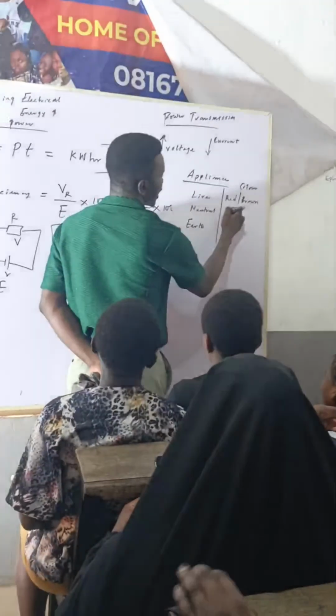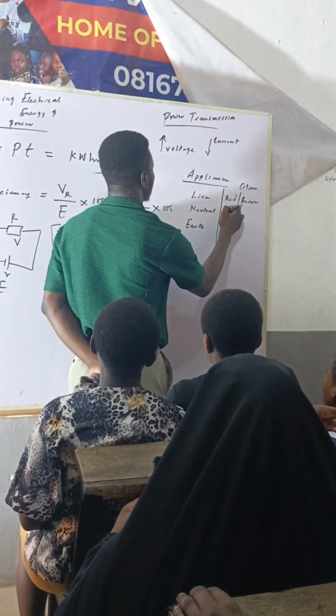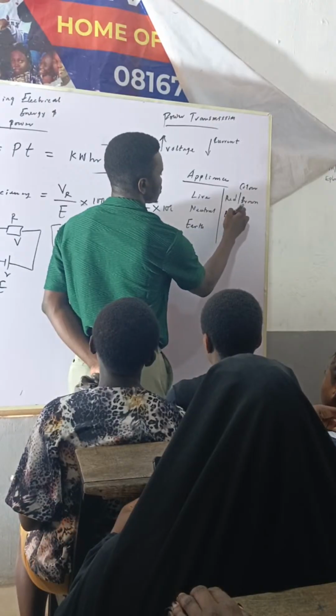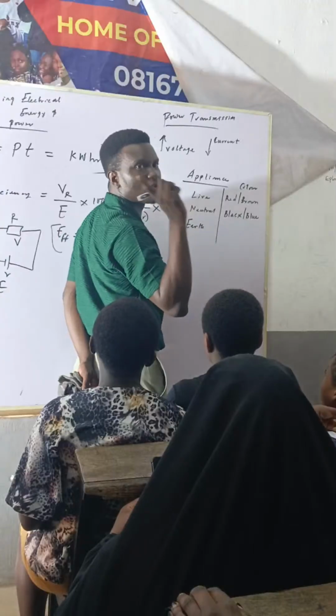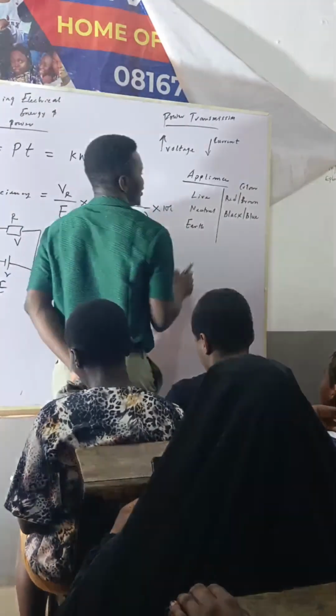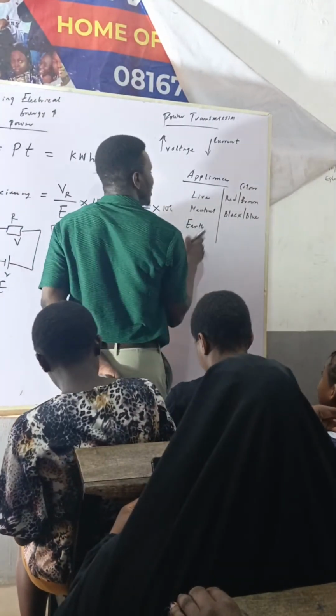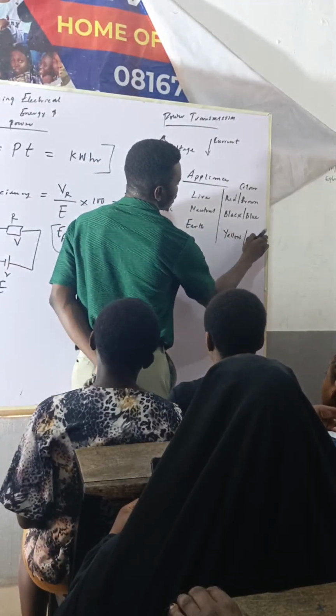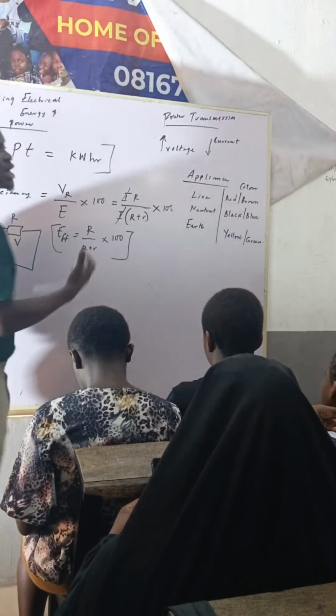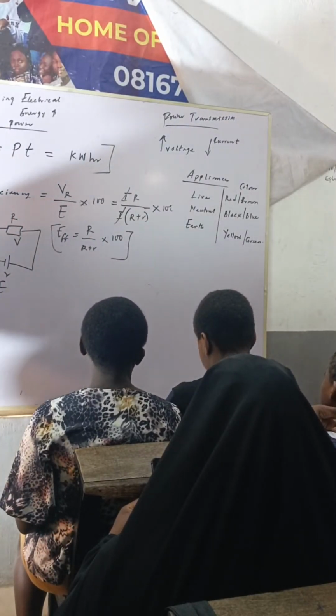Your neutral wire is usually black. So your earth is usually yellow. So they can ask you any of these things, colors.